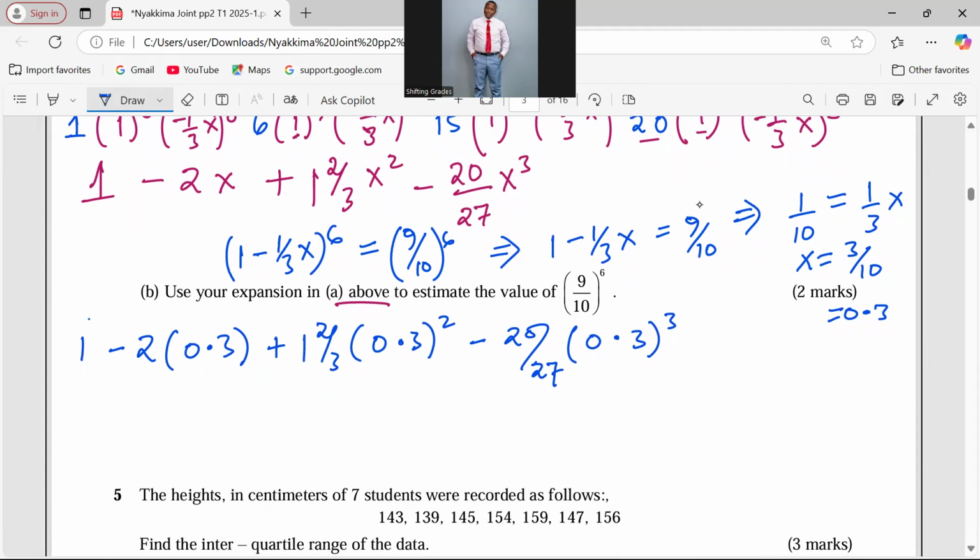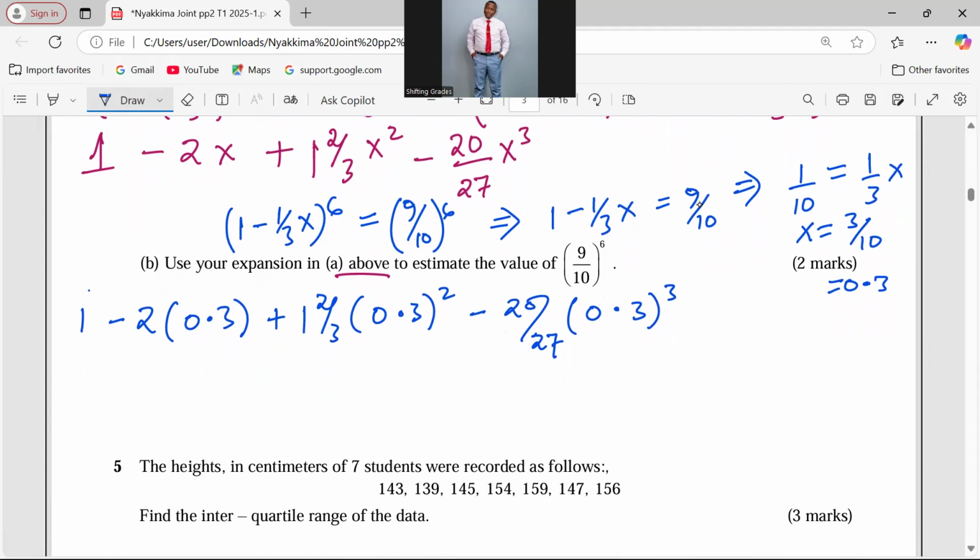So now whatever we are having here as an expression, we are going to key in to the calculator so that we may get the estimate value of 9 over 10 raised to power 6. So I begin with 1 minus 2 into 0.3. Then I add 4 over 3 into 0.3 squared. Then finally I subtract 20 over 27 into 0.3 to the power 3.